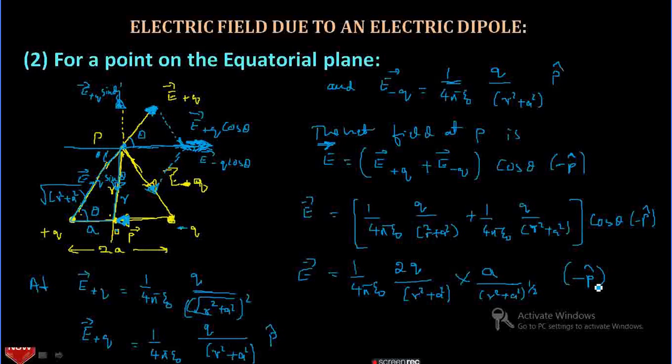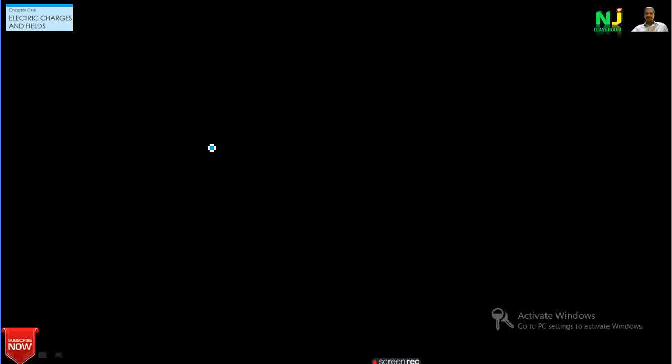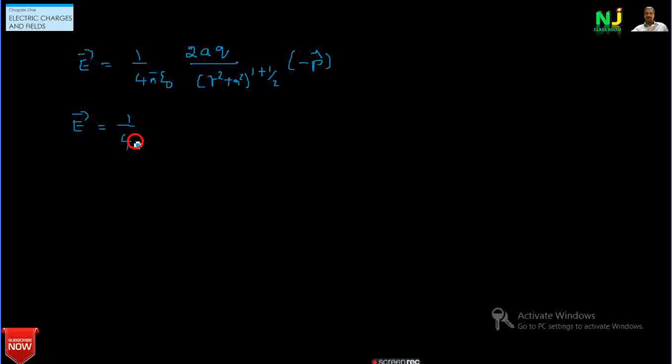So the final answer: E vector is equal to 1 by 4 pi epsilon naught, 2AQ divided by R square plus A square to the power of 1 plus half, into minus P cap. So E vector is equal to 1 by 4 pi epsilon naught, minus 2AQ into P cap divided by R square plus A square to the power of 3 by 2. Here 1 plus half is equal to 3 by 2.